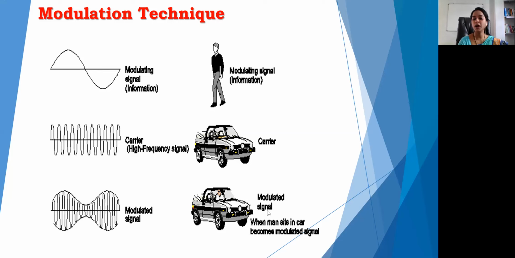He will become a modulated signal. Likewise, when we mix these two signals, this sine wave and this high frequency carrier wave, which is also a sine wave but with a very high frequency, what we will have as the output is nothing but the modulated signal.